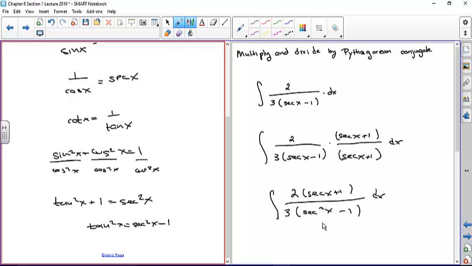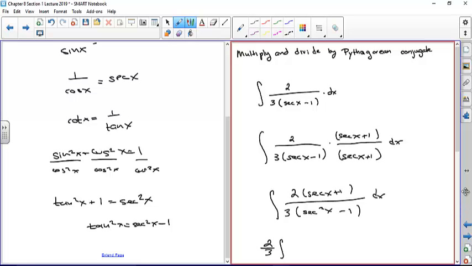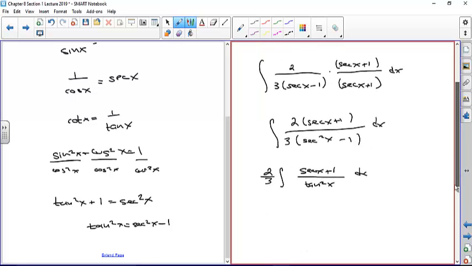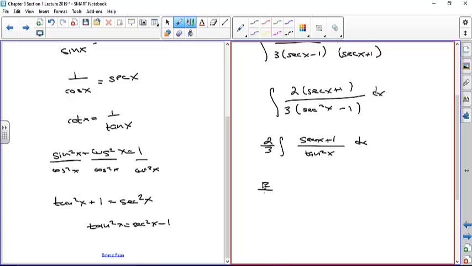So then I can make that substitution over here. I'm going to go ahead and factor out the 2/3. Okay, so we've got secant x plus 1 divided by tangent squared x dx. And now you can break that up into 2 fractions.